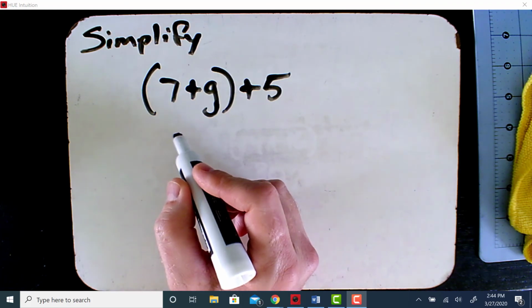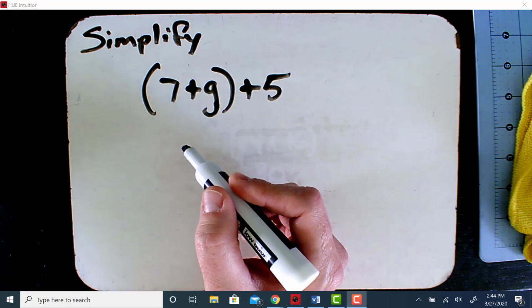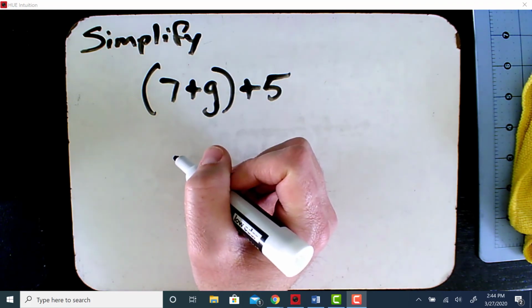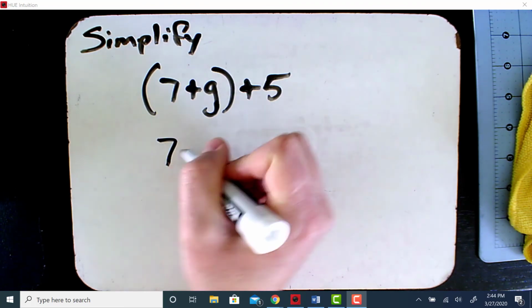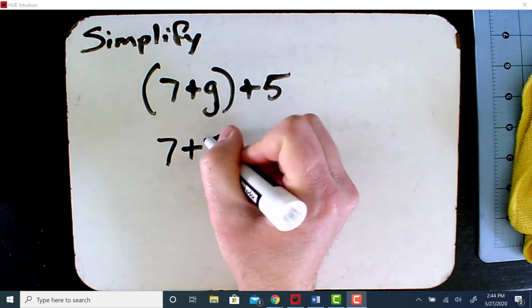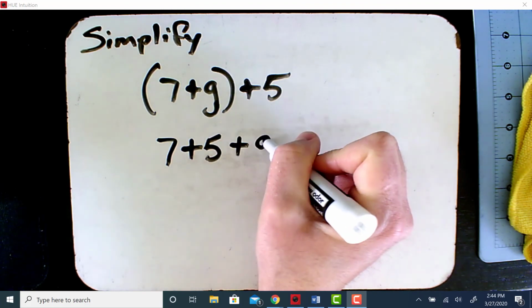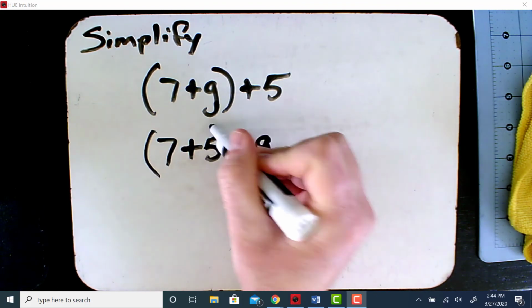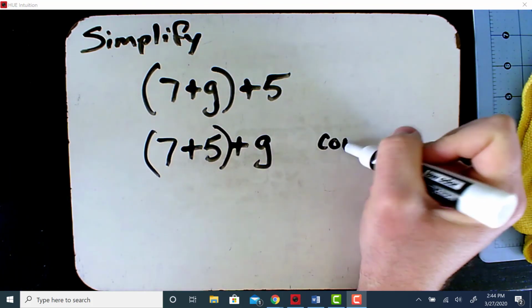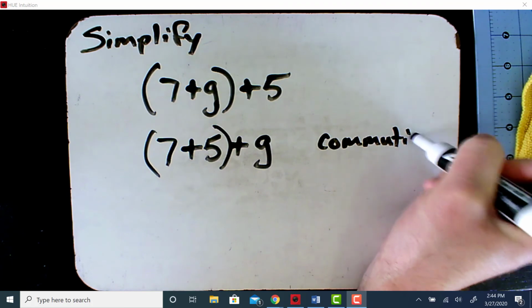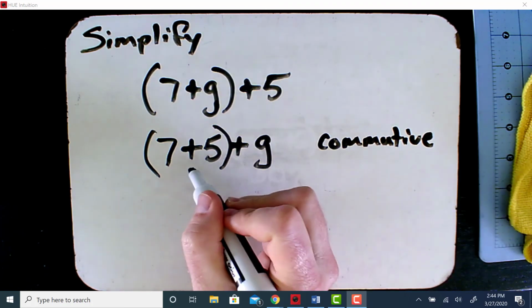So what I'm going to do is first use commutative property and change the order that two of my terms are in. So I'm going to say 7 plus 5 plus g. And I'm going to leave my grouping symbols the way they were. Now I've just used commutative property to regroup this particular expression.